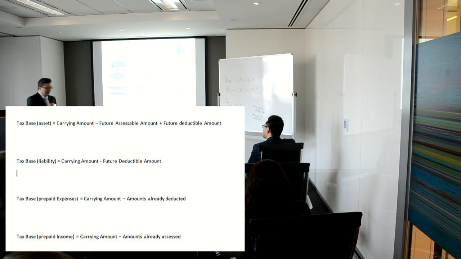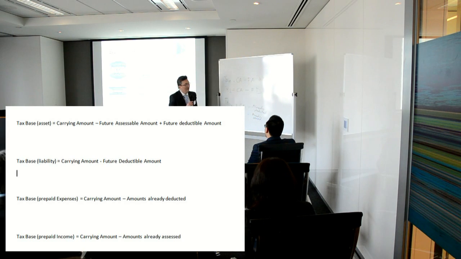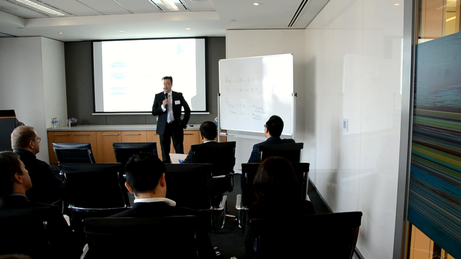The future assessable amount is very simple. The standard says, assume your future assessable amount is your carrying amount. You always recover the amount equal to the carrying amount. So these two are always the same. And then you add your future deductible amount.